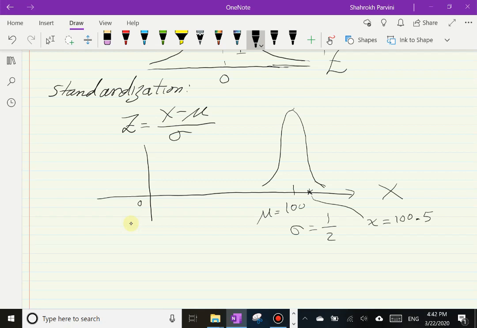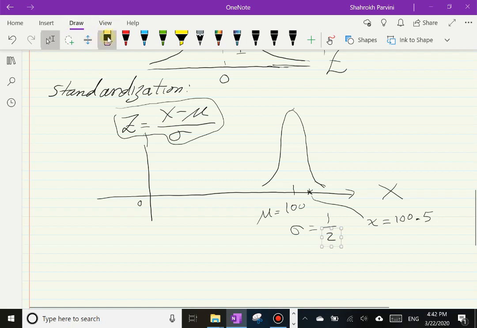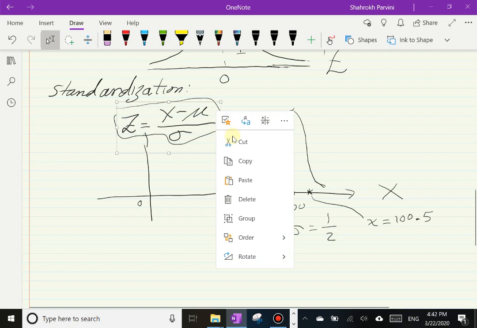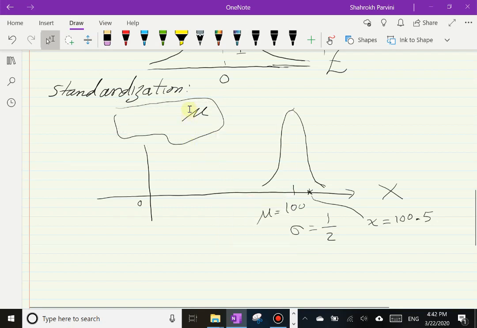Now, if we do x minus mu, the numerator of this transformation, in effect what's going to happen is the x minus mu will transfer this distribution to the other side, which is at 0. Now, let me erase this distribution for now.